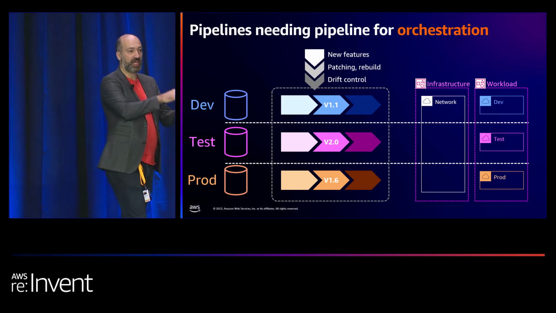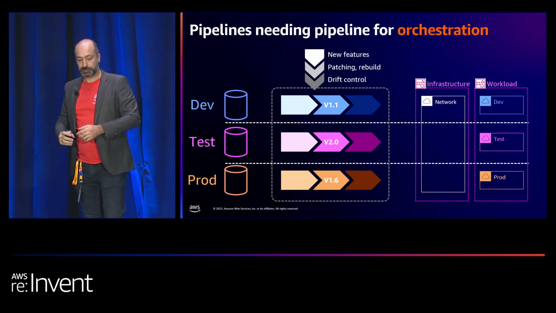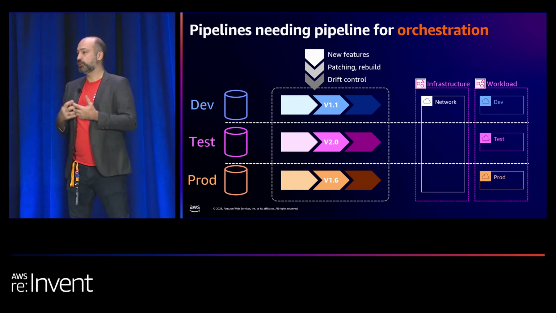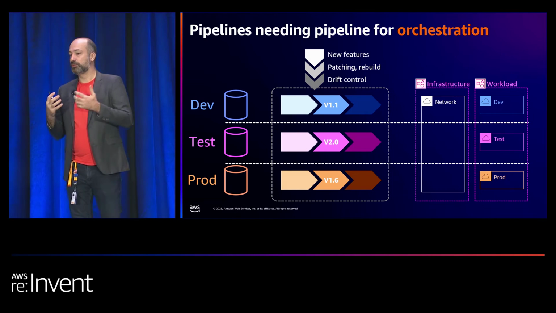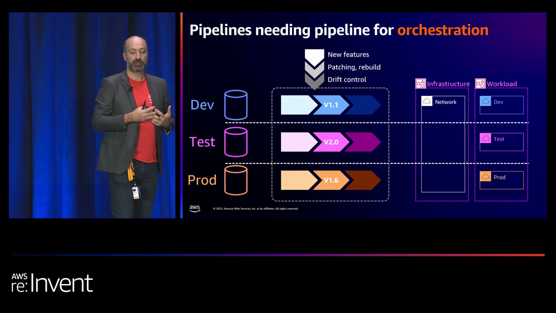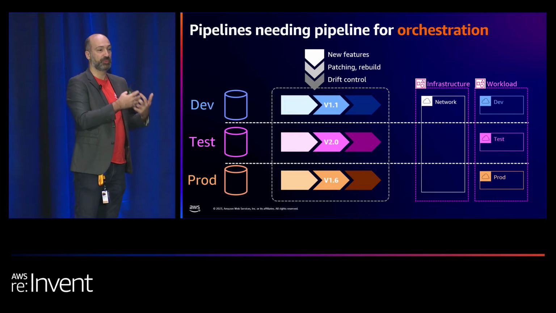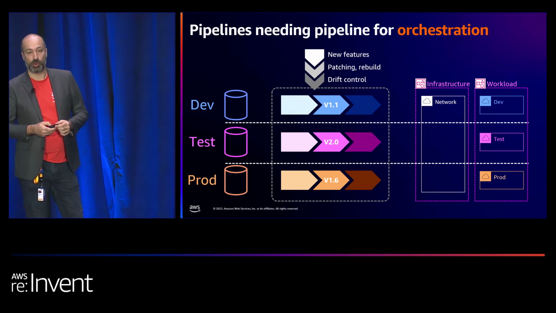So we are taking one step, coming up one level above that. I want you to think about an ability to create those pipelines as a service, in order to serve your different needs and to orchestrate them more easily.